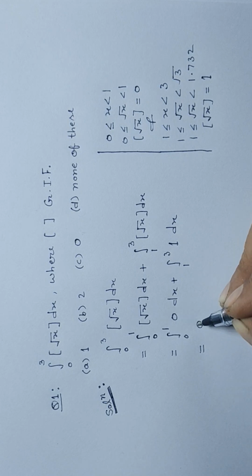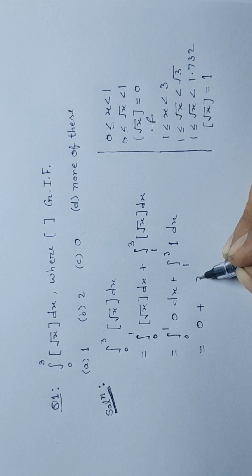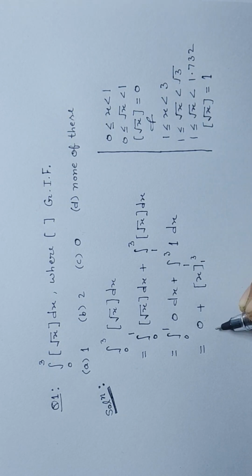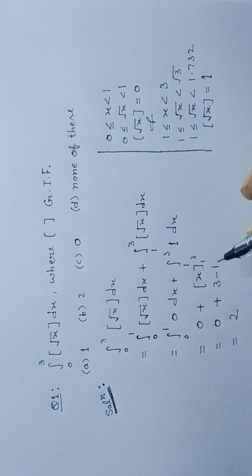This value becomes 0 plus x from 1 to 3. So we get 0 plus 3 minus 1, that is 2. Hence option B is correct.